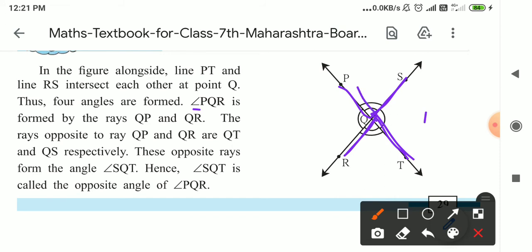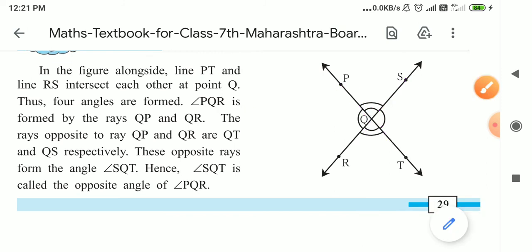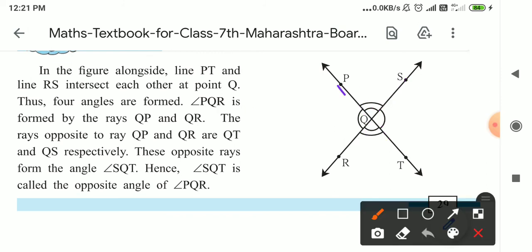So angle PQR is formed by the rays QP and QR. The rays opposite to QP and QR are QS and QT.